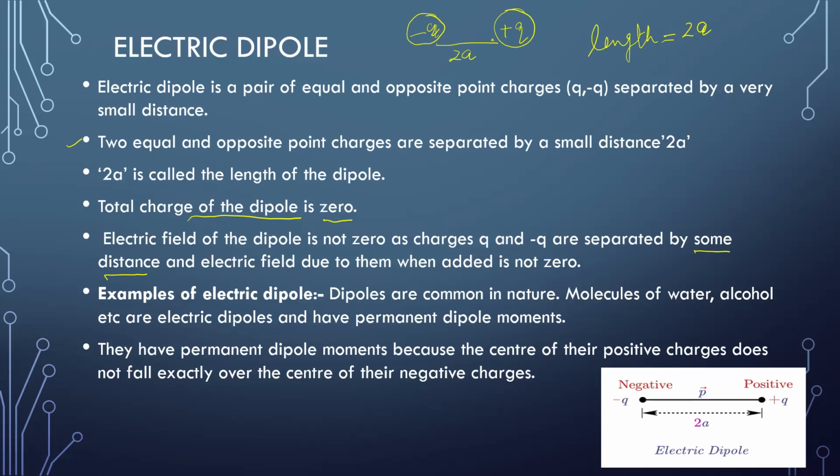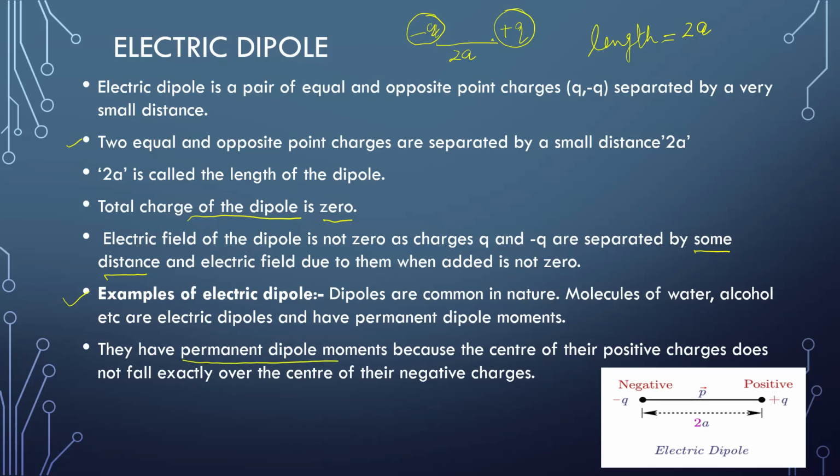What are the different examples of dipole? Dipoles are very common in nature. For example, the molecule of water is a dipole. Alcohol molecules are also dipoles. That is, they have plus q charge and minus q charge.